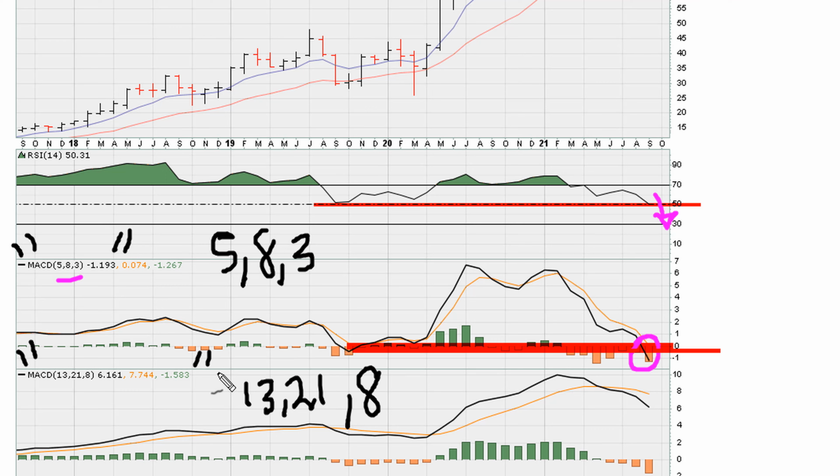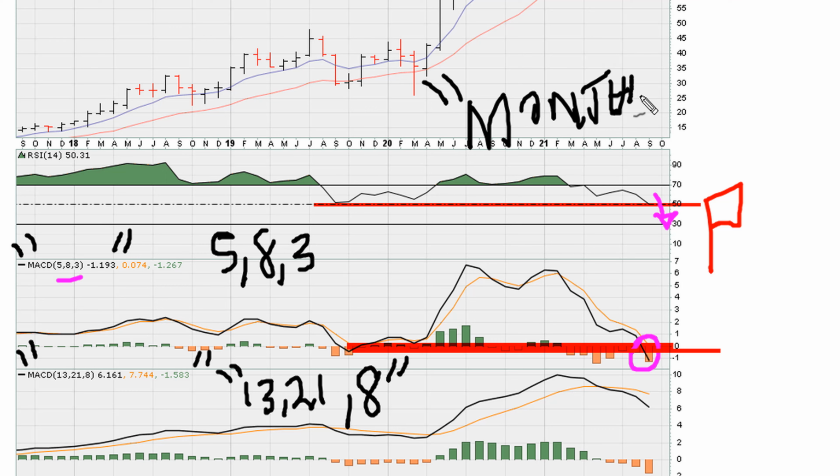And I prefer to use these numbers because they are part of the Fibonacci series sequence. But at any rate, what we're talking about here is by end of September, there was the risk for lower prices for this stock as the RSI moved to 3-year lows. Remember, this is a monthly chart. I guess I should have mentioned that. It's a monthly chart. It gives you the big picture point of view.